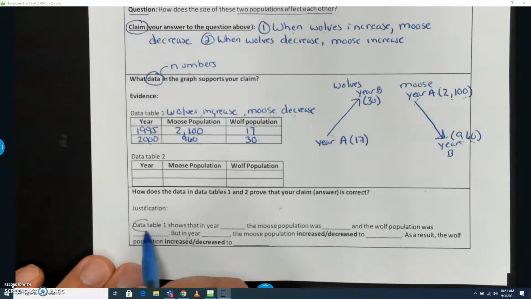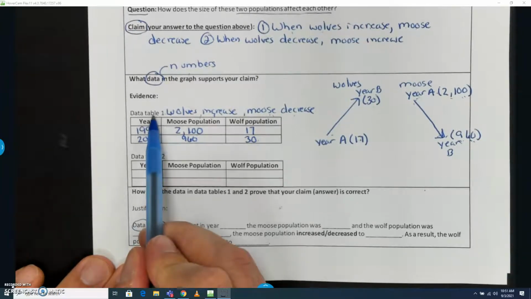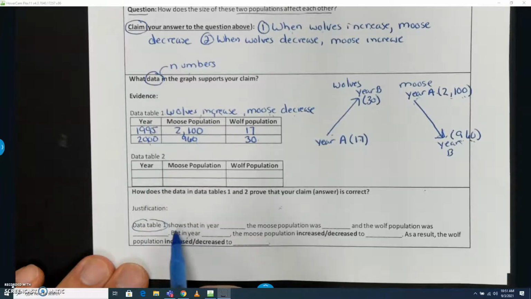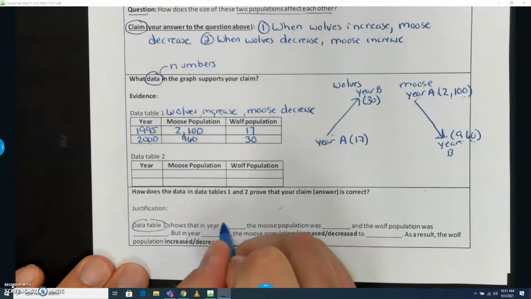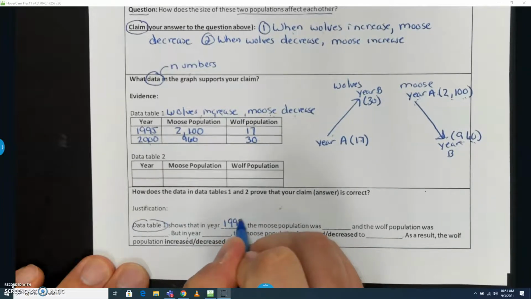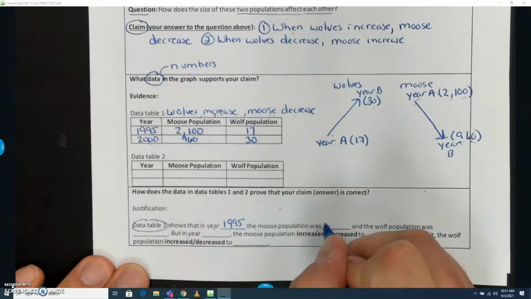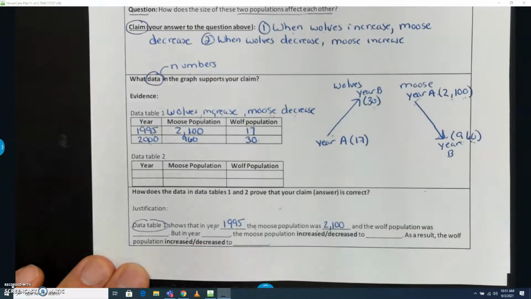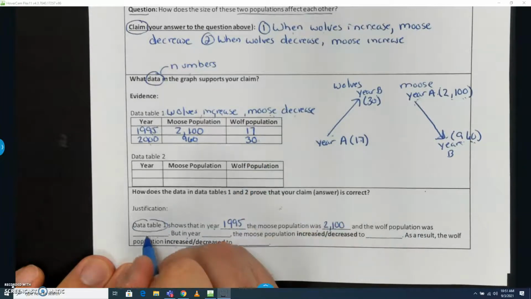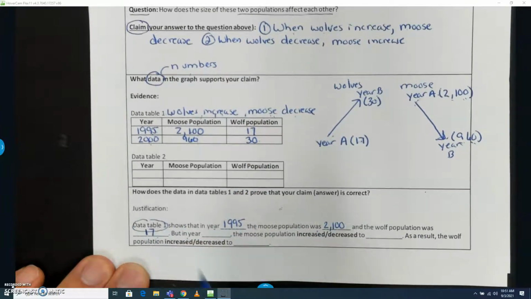So we're starting with data table 1, which is what we were looking at. And we started in the year 1995. It shows that in the year 1995, that's where we started, that the moose population was 2,100 and the wolf population was 17.